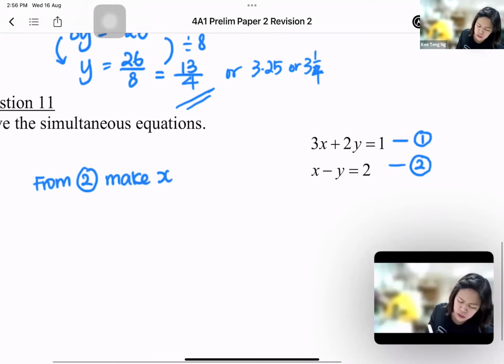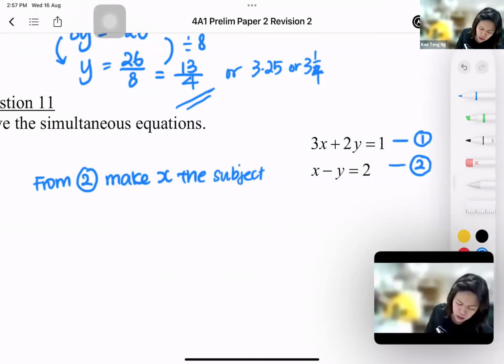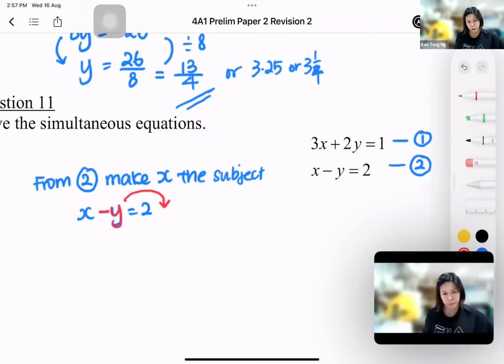Easy, right? Make x the subject because x is a positive number. So if I want to make x the subject, okay, I get x minus y equals to 2. I need to shift my negative y over to the other side, right?